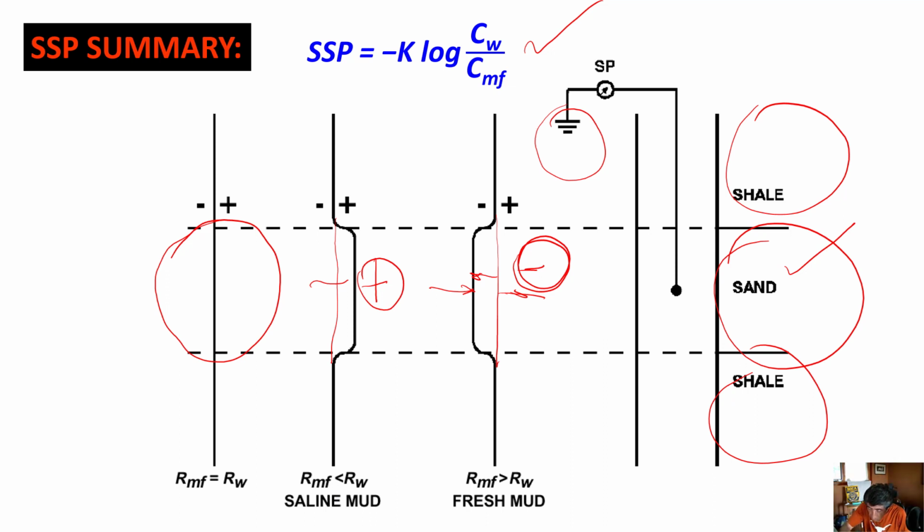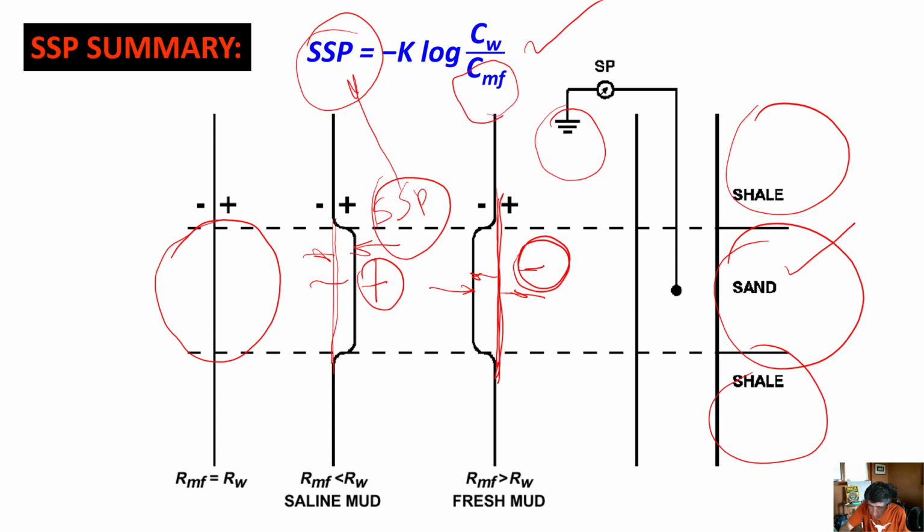And that difference between the shale baseline, we measure the spontaneous potential across the line. In both cases, we measure the discrepancy with its sign, we call it SSP. And that difference with respect to the shale baseline is what we plug into this equation. And if we know the sodium chloride concentration of mud filtrate, which we can measure at the surface, then we can solve this equation to estimate CW.